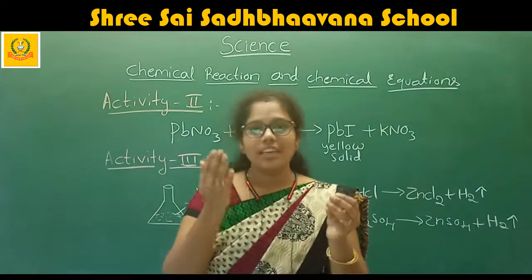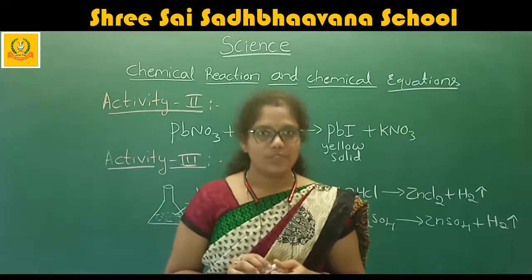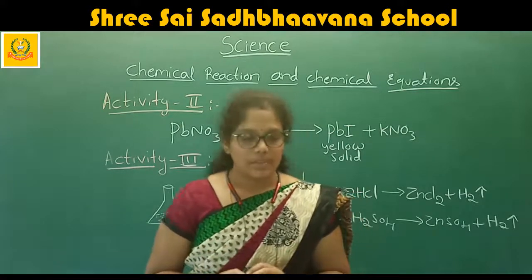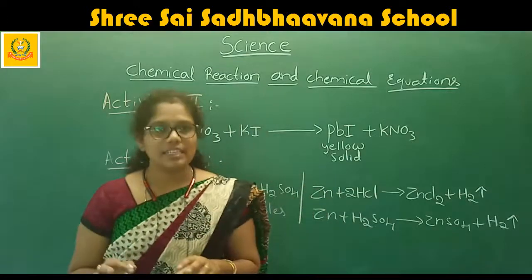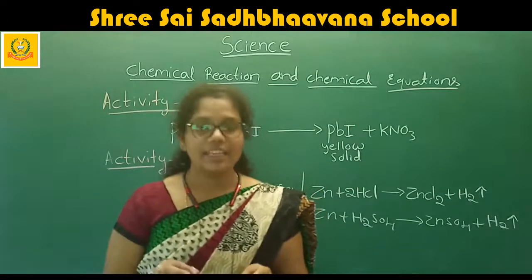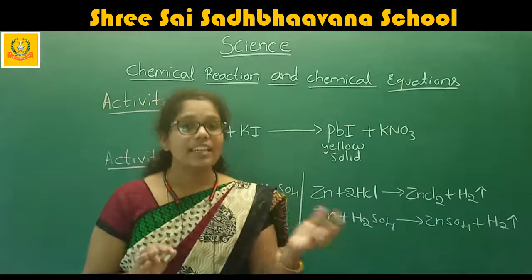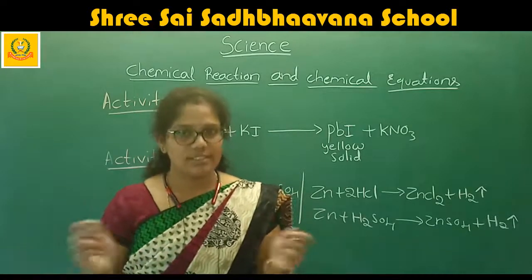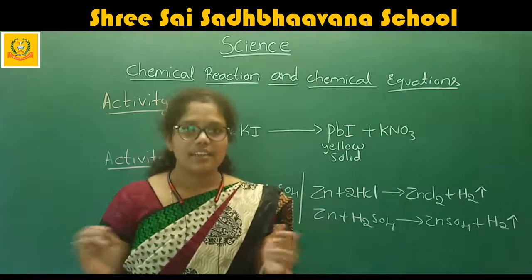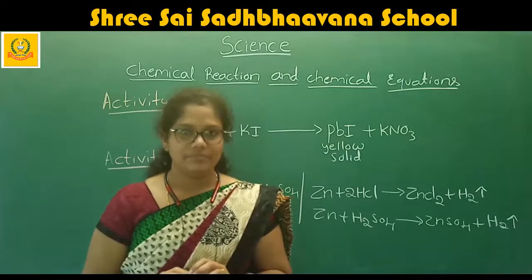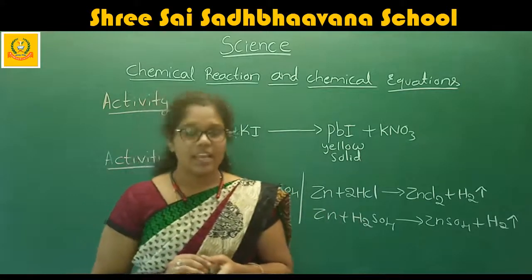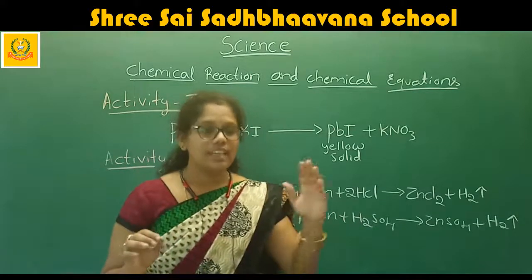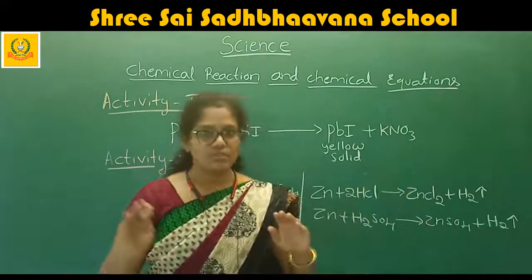This type of equation is known as a chemical equation. One more time I will tell what the chemical equation is. It is the symbolic representation of the chemical reaction in which the reactant side is always equal to the product side. Both sides should be equal. I already wrote and showed that the LHS is the reactant and the RHS is the product.